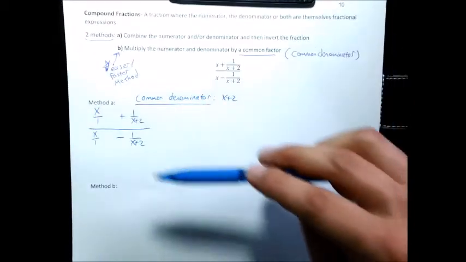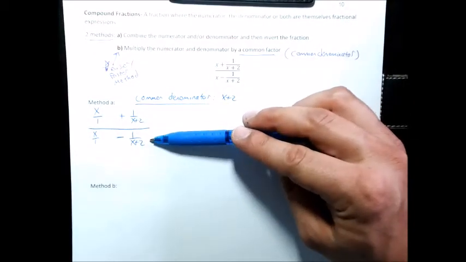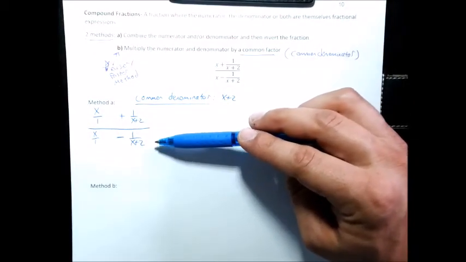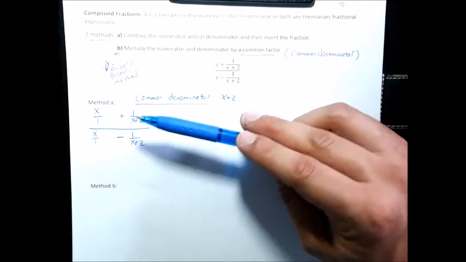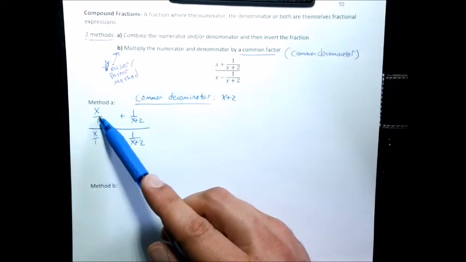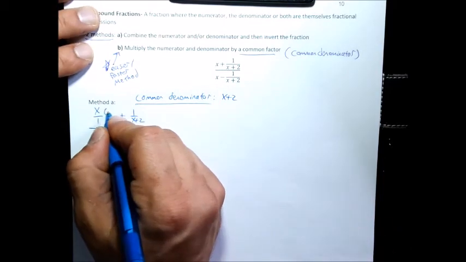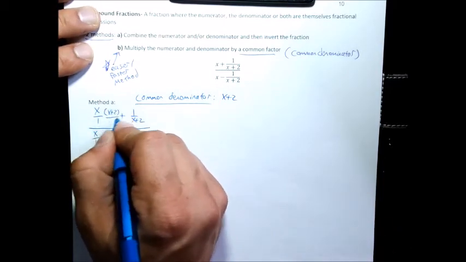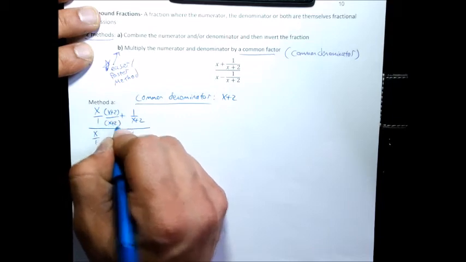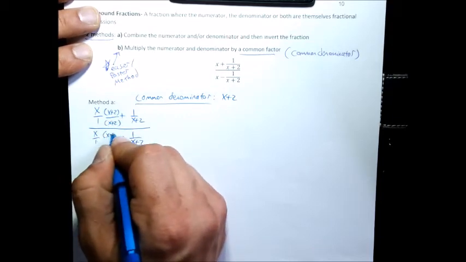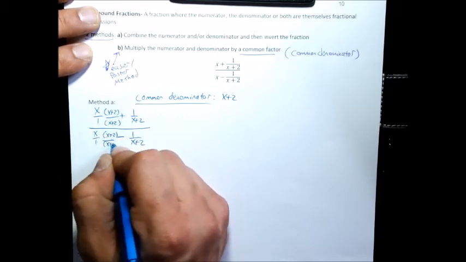And so if I'm going to combine the numerator and combine the denominator, the common denominator is x plus 2. So if I can give this an x plus 2 and this an x plus 2, we'll be all set. And so I'm going to multiply by x plus 2 over x plus 2, because that's going to give me that common denominator. And then we'll be able to add them or subtract them.